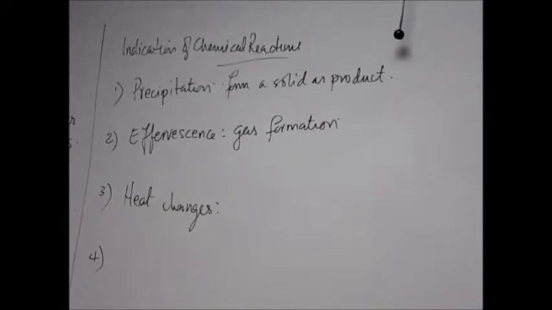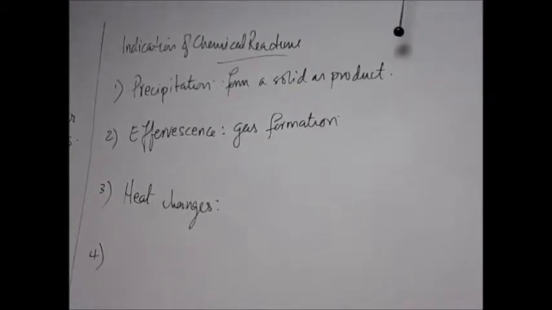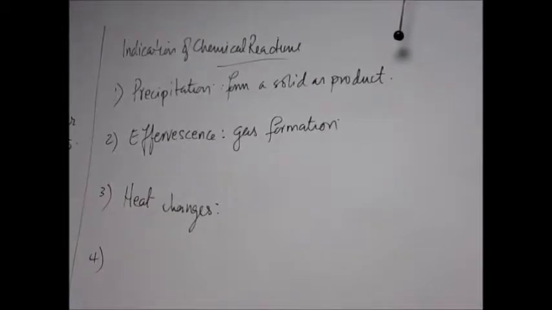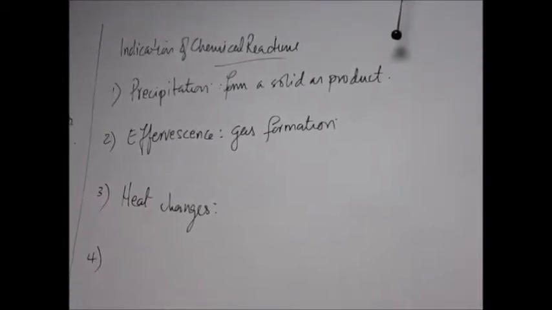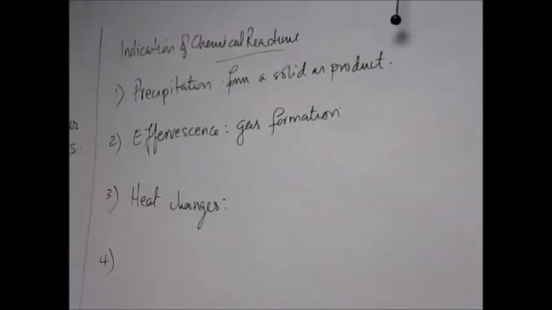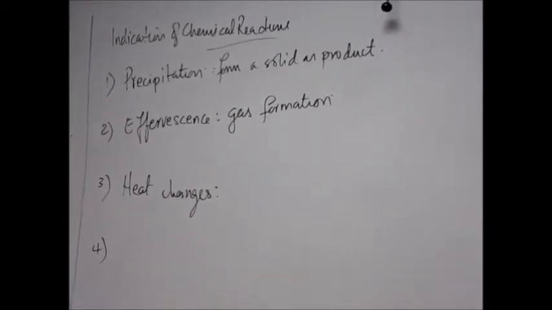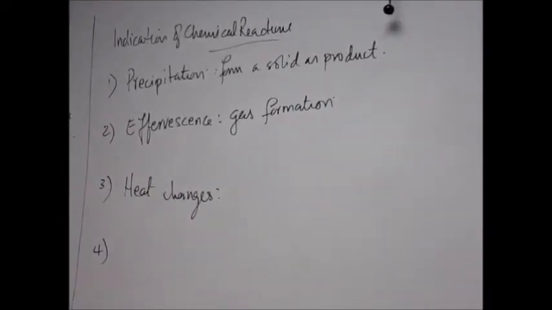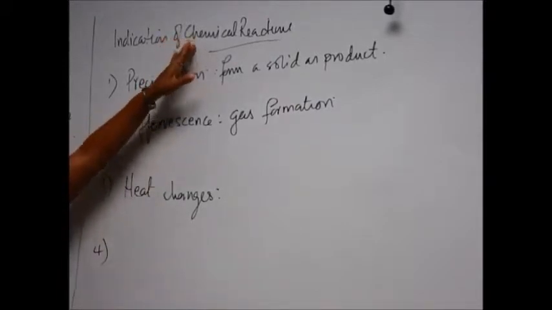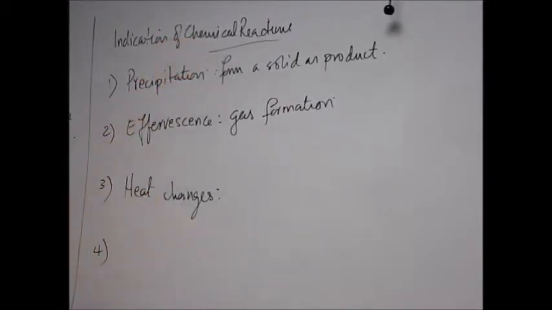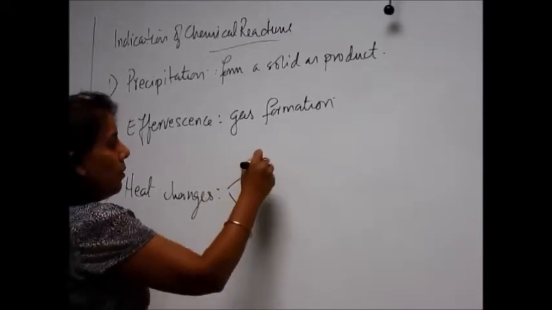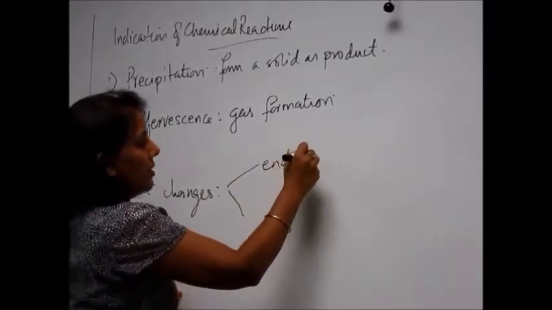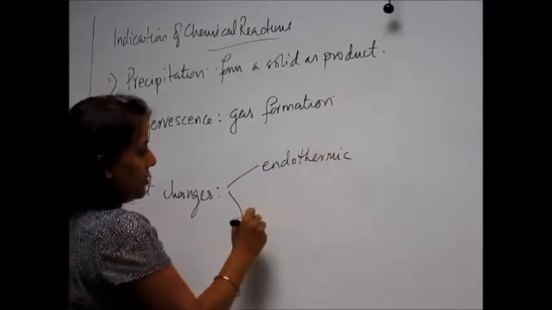And some of the hot packs actually are not reusable. Once you use them, they're done. And the cold packs, there are different kinds. There are things that you can put in your microwave and then heat them up again, use them again. But there are things that you can't use again also. So the ones you can't use again, those are the chemical reaction ones. And so heat changes, there are two kinds, what we call endothermic and exothermic.